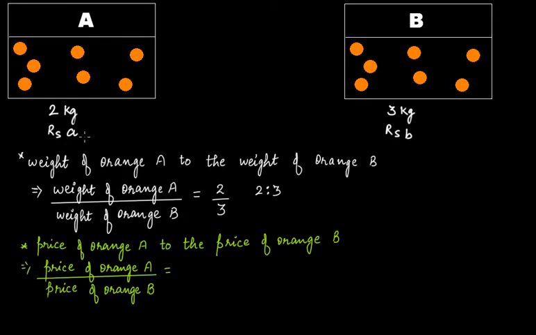if this is being sold at rupees A, and just one correction here, it is rupees A per kg.